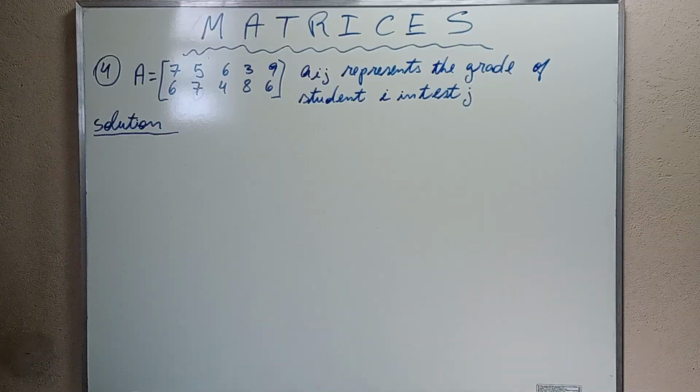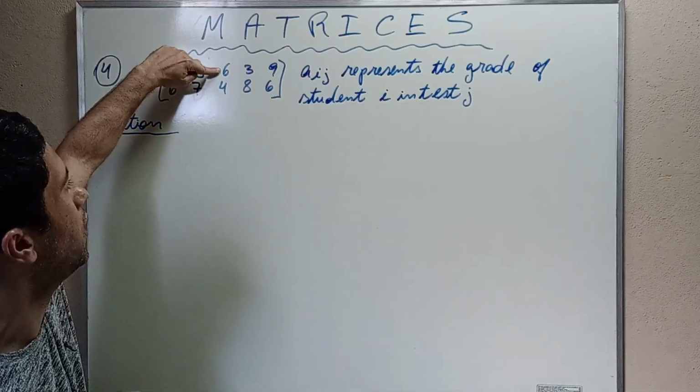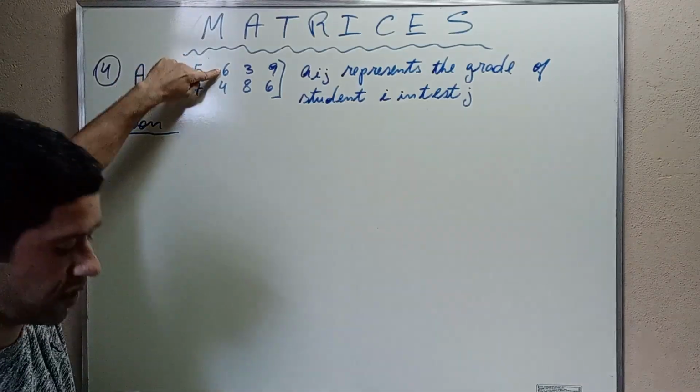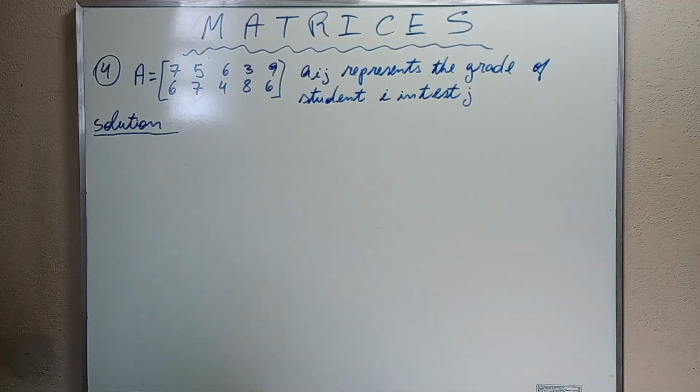The exercise stated that the entry Aij represents the grade of student I in test J. In this way, for instance, A13 represents the grade of student 1 in test 3. But the exercise wants us to compare the averages. So firstly, we calculate the averages.